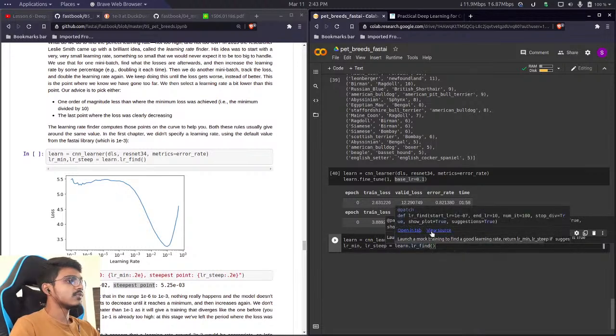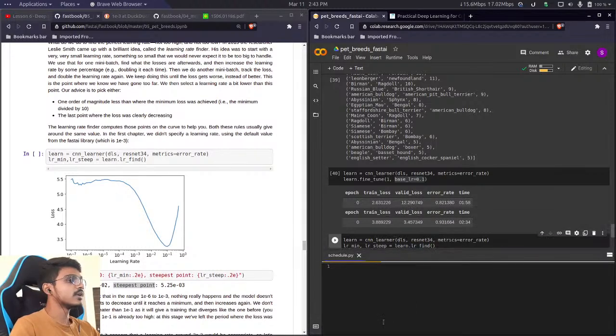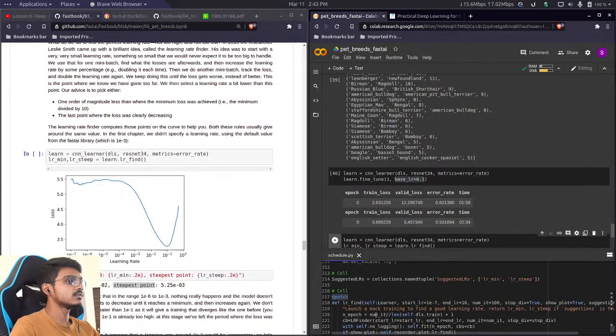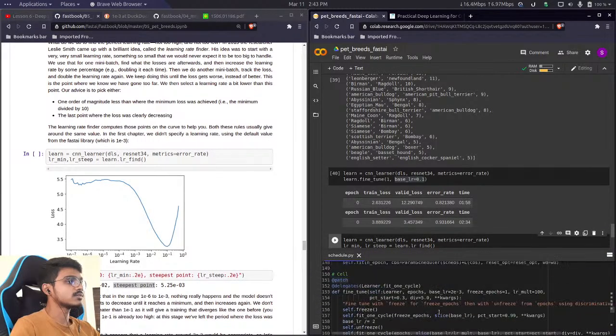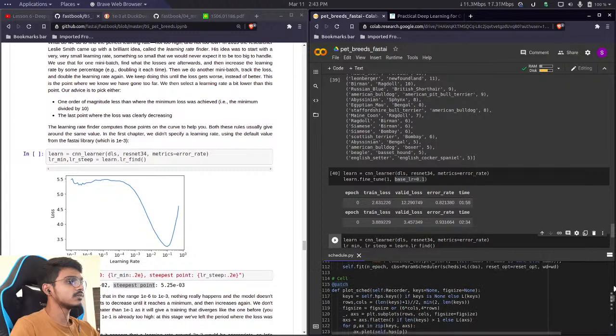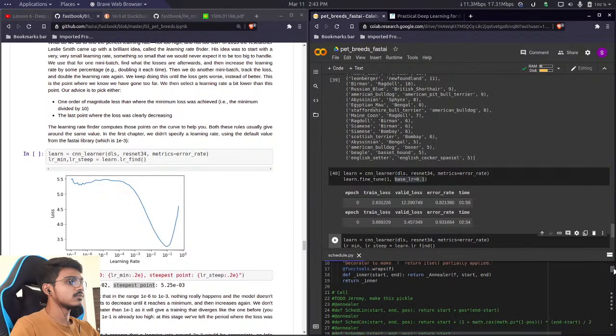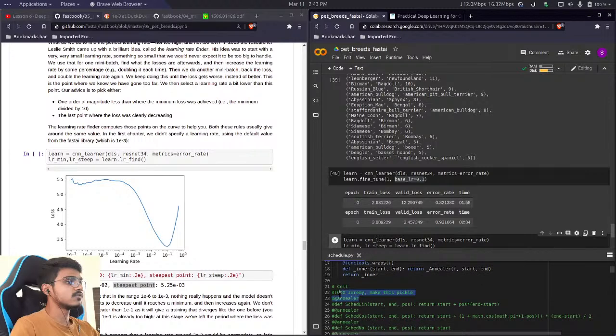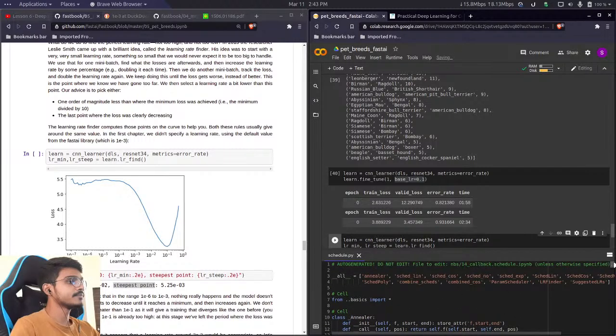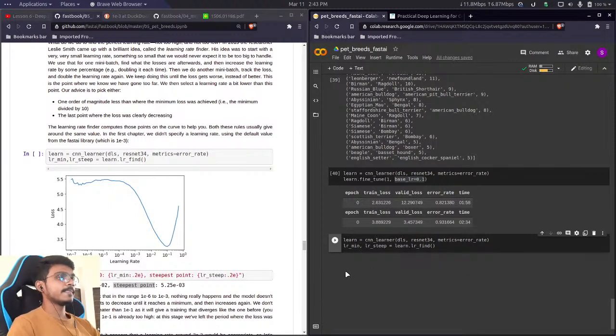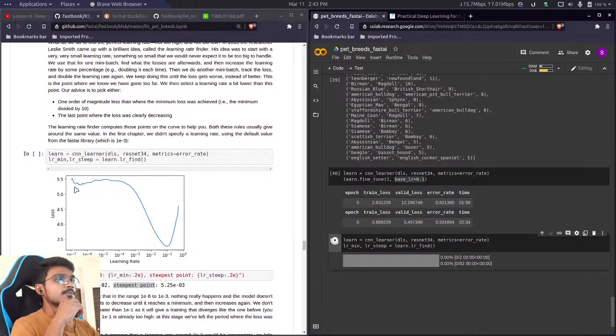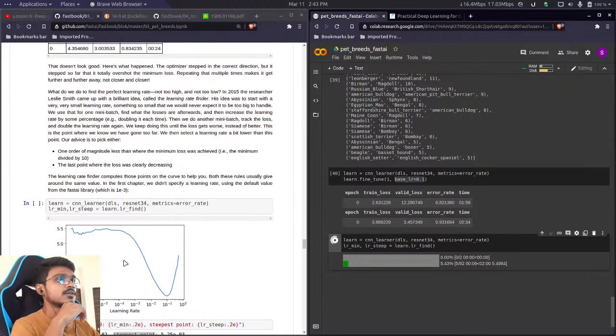This lr_find function is provided by schedule.py. Okay, so it is from the FastAI library. So this graph plots the loss versus the learning rate.